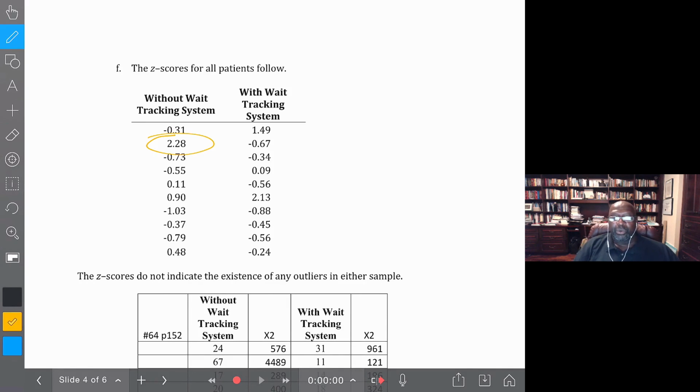And remember, we had a rule that says we consider a value to be an outlier if the z-score is higher than +3 or lower than -3. So in that case, I think that we're okay. We have no real outliers in this data and no outliers in this data right here. All right? So that brings us to the end of that question.